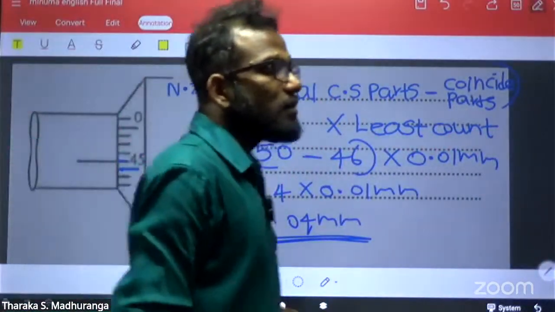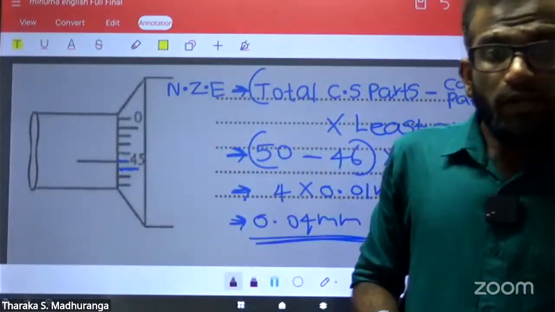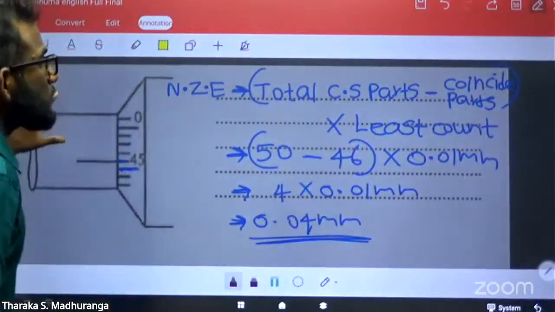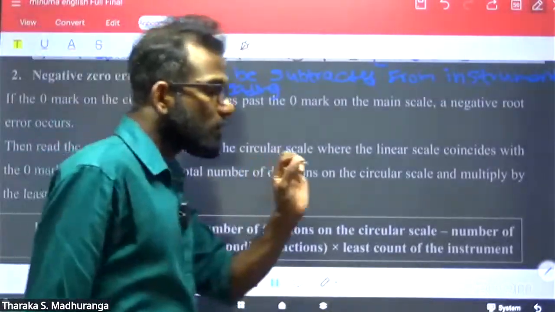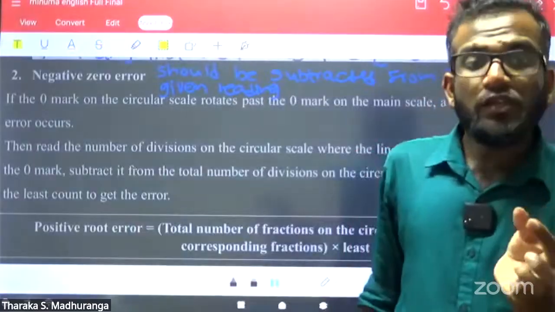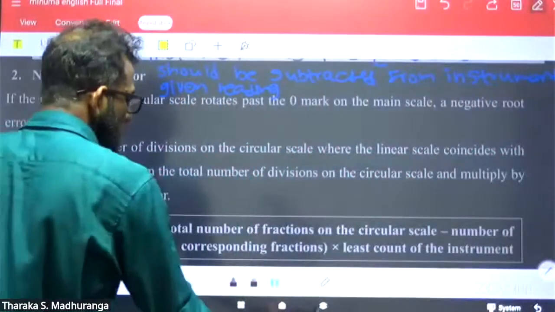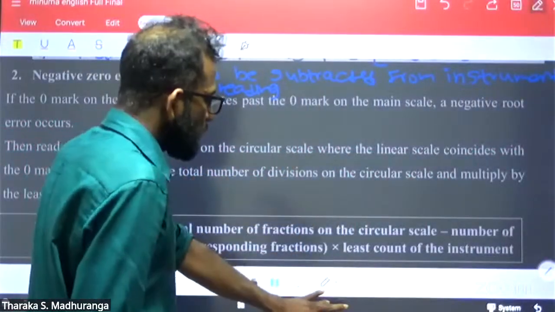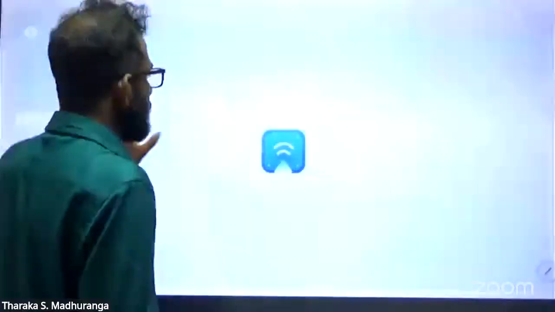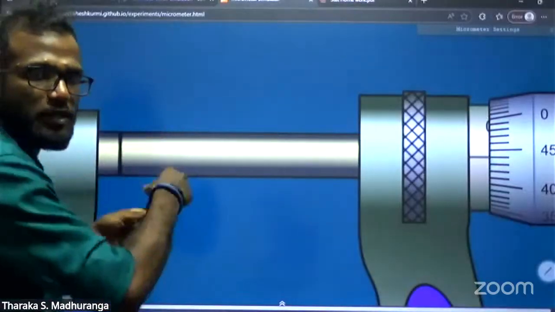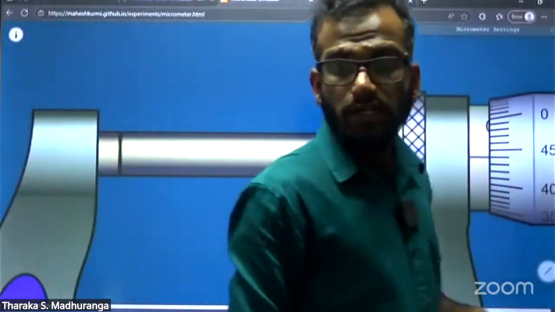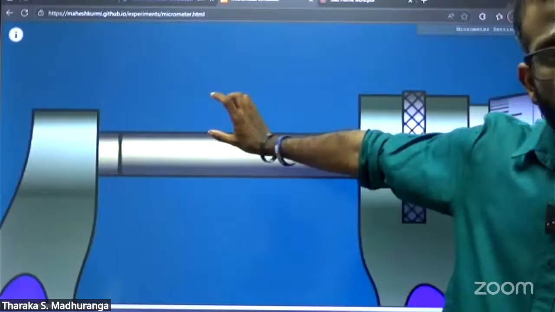And this final point, this negative zero error comes due to the wearing off of the jaws, anvil and spindle. The negative zero error comes due to this anvil and spindle, you know, when we use them for several years, they wear off.